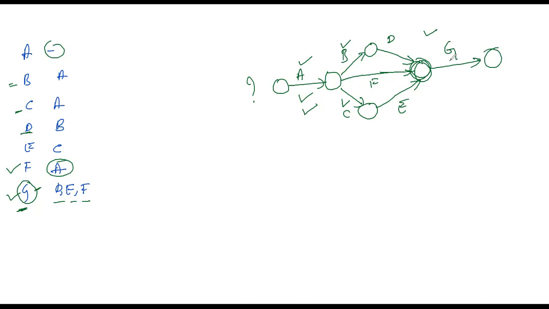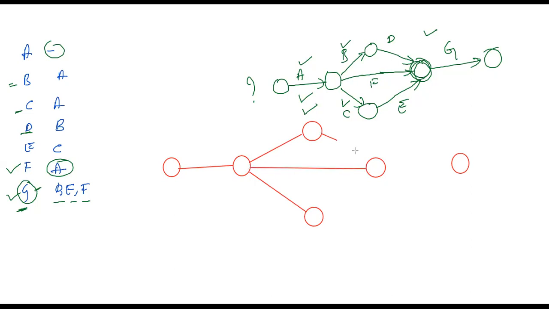So we need to neatly write this. So this is activity A. So this is B. This is C. This is F. So this is D. This is E. And this is G. Okay.